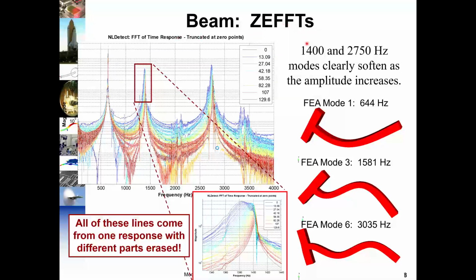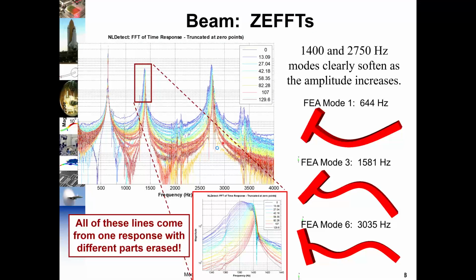So looking at it more globally, that was just one of the modes we were looking at. If we look at different modes, we can see nonlinearities. And again, all of this comes from just one transient signal, so you can get a lot of information out of one signal, and everything looks a lot like the FRFs that we're very used to.